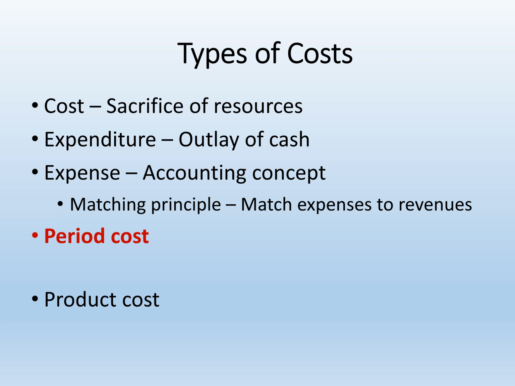All firms have period costs. That is, the costs to keep the firm running in that period. And these costs are expensed in the period when they are incurred in order to follow the matching principle, to match those costs to the revenues that they help to generate in that period.